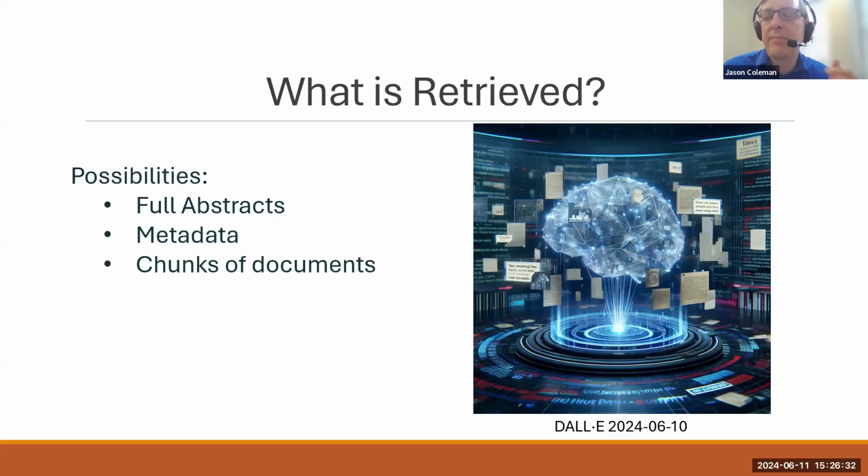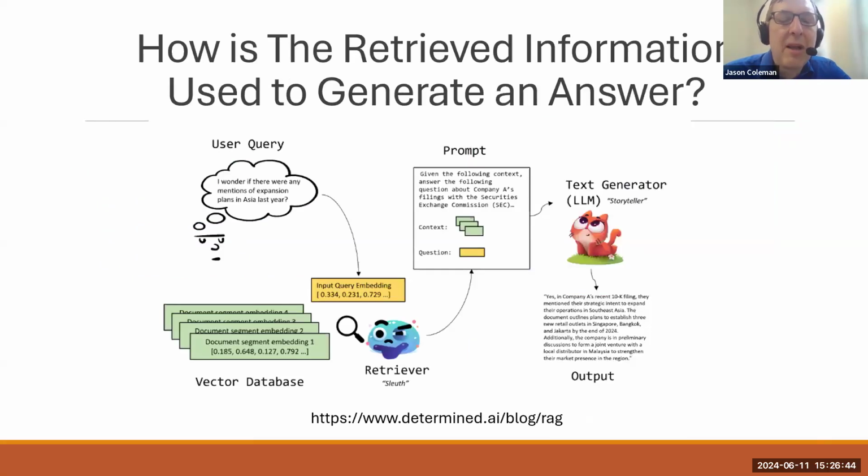So they tend to take the long documents and divide them up into chunks, and then they will retrieve sort of a separate chunk to the system. And I have a lot of comments about that, but that's what's happening.